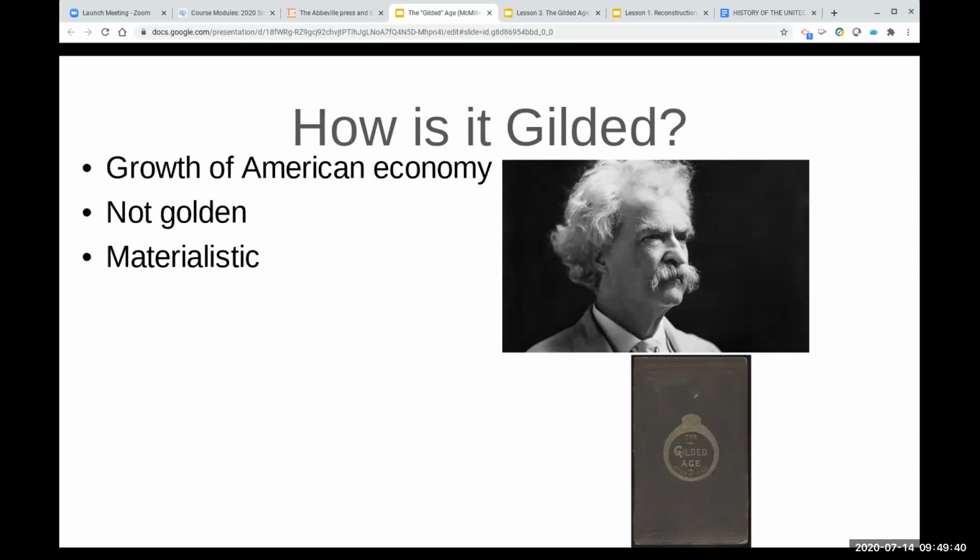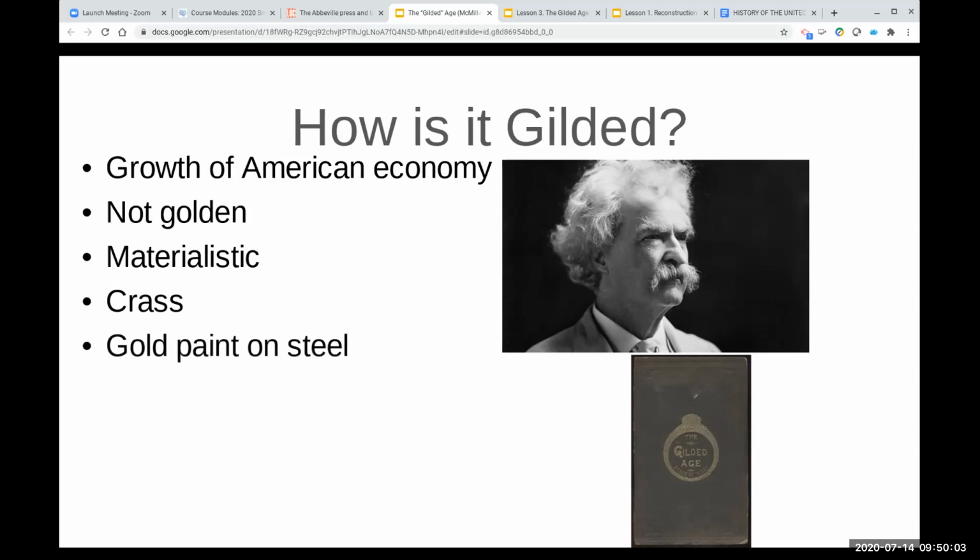But Twain had a much more critical look at this. He said, this is not a golden age at all. This is an age which is actually kind of materialistic, where people are much more concerned about money, much more obsessed with amassing money to the extent that's the only thing they're trying to do.